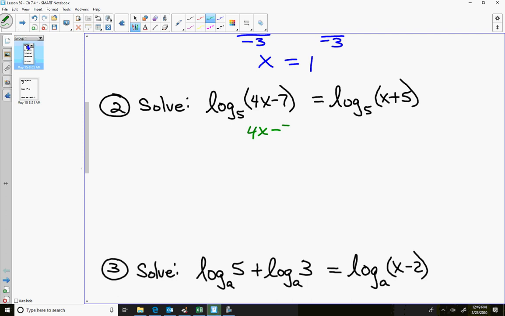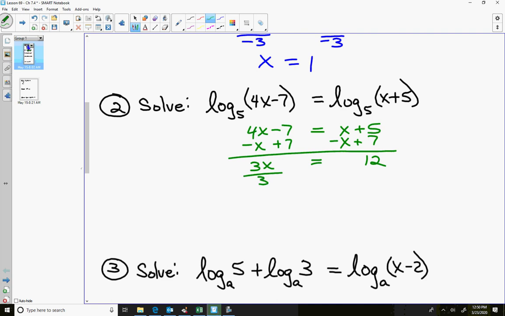So 4x minus 7 must equal x plus 5. And now solve for x. So just linear equations, put my x's on one side, put my constants on the other side. In this case, we get x equals 4.